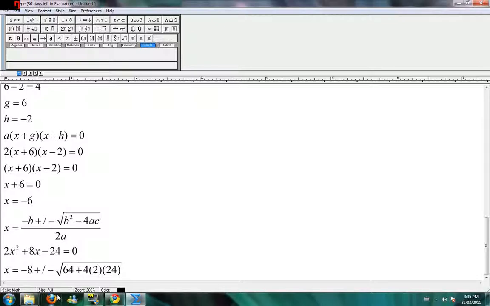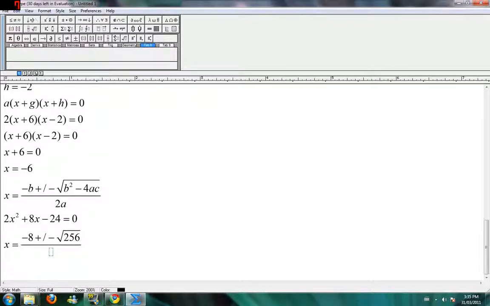And then once we do that, we can multiply 4 times 2 times 24, which is 192. And then again, you can plug that into your calculator and you'll get 256. And this whole thing is still divided by 2a, and our a is 2.